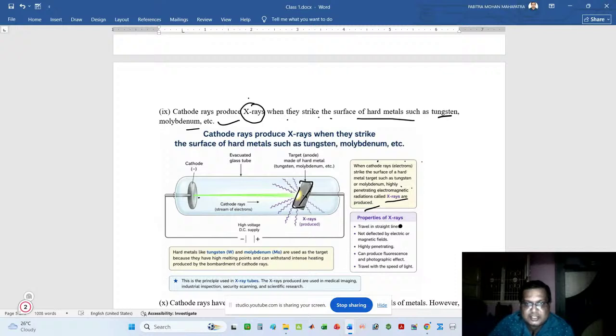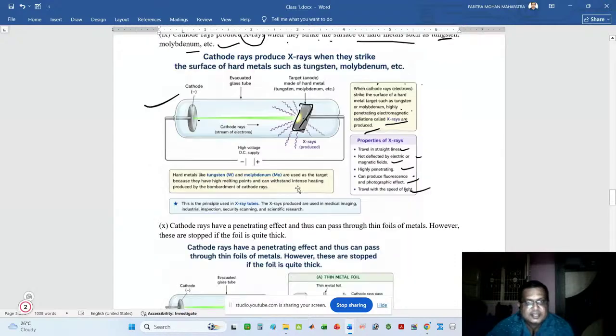They travel in a straight line and are not deflected by electric or magnetic fields. Highly penetrating, they can produce fluorescence and photographic effect. They travel with the speed of light. So cathode rays produce X-rays when they strike the surface of a hard metal such as tungsten and molybdenum. In this diagram, I have presented the formation of X-rays.